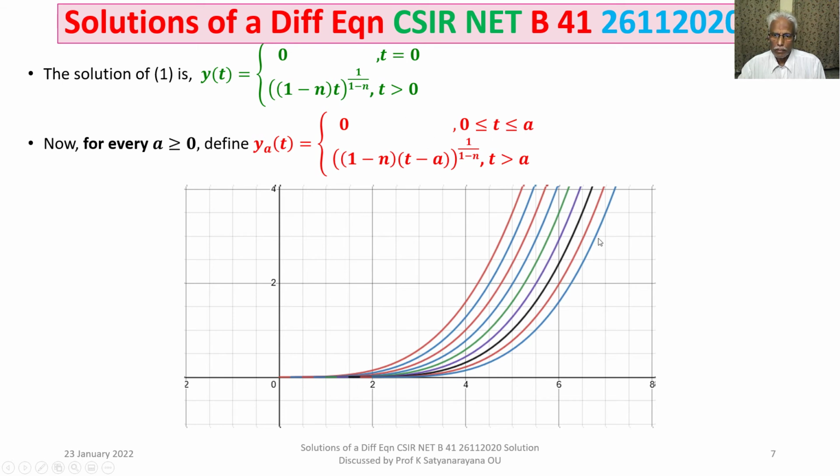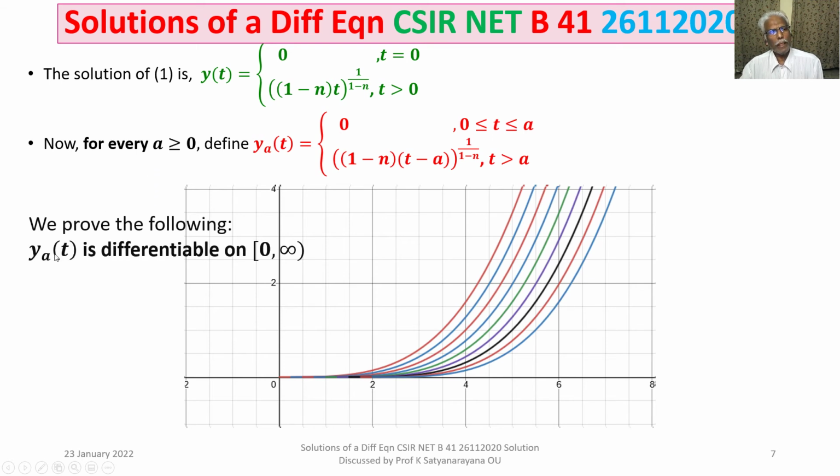They are continuous. So in due course, what we are going to show is we prove the following. The first one is y_a(t) is differentiable on 0 to infinity, and y_a prime(t) is continuous on 0 to infinity. That means it is differentiable and the derivative is continuous. Then we say y_a(t) is a continuously differentiable function. And how many such functions will you get? As many as there are a's. How many a's are there?